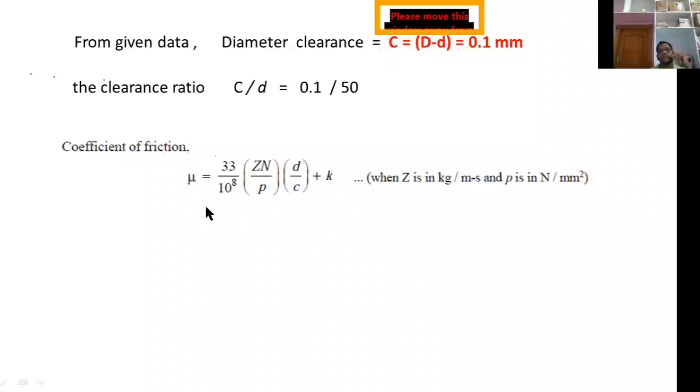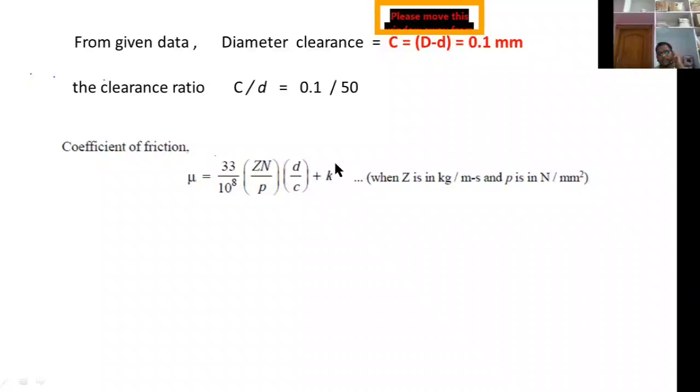This formula is common for entire problems in journal bearings. From this formula you have to find the value of mu: mu equal to 33 by 10 power 8 into Zn by P into D by C plus K.